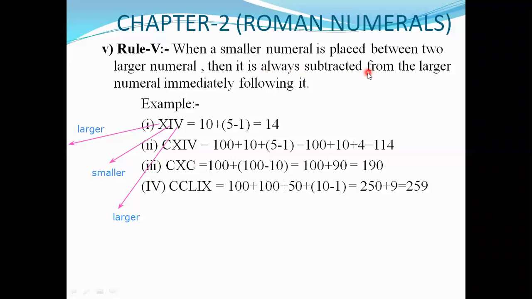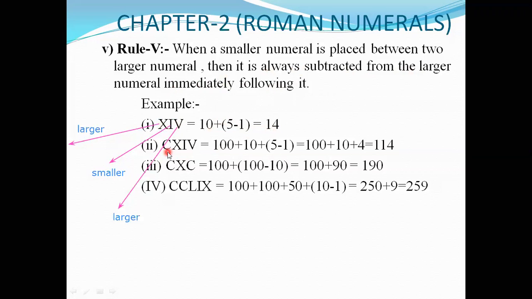Then it is always subtracted from the larger numeral that comes immediately following it, that means V. So X is 10 plus V is 5 minus I is 1. Then we solve it and we get 14.